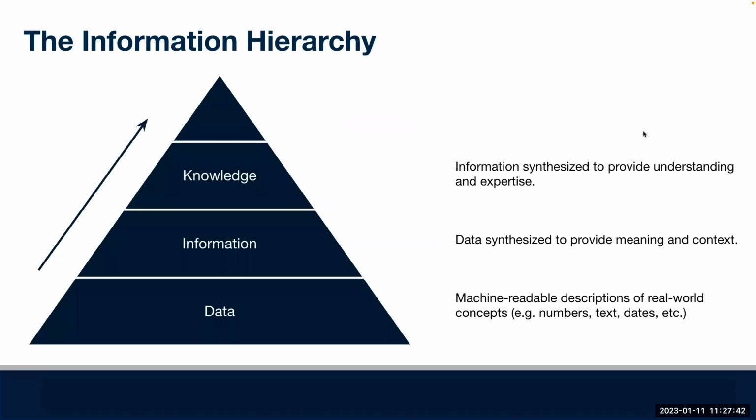Generally, the information system's goal is to create value in the data that it processes. So the system might try to change data to information, or try to synthesize information into human-related knowledge.